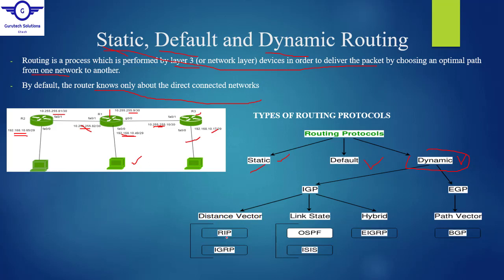RIP basically stands for routing information protocol, okay? It's a distance vector protocol under dynamic routing. Then we have interior gateway routing protocol, IGRP. It's also a distance vector protocol. Don't worry about them, we will understand what's meant by distance vector and link state, okay?